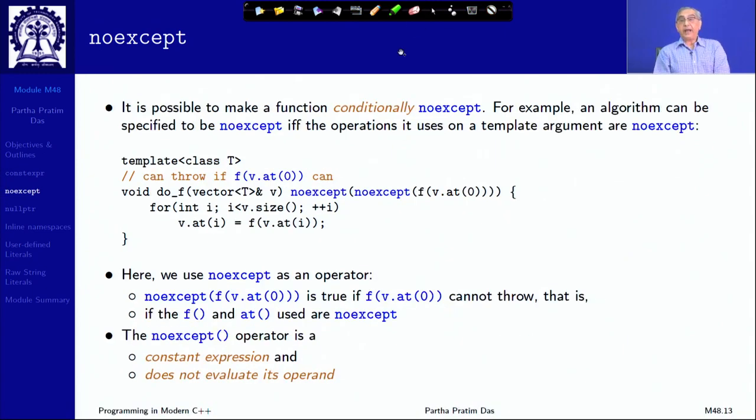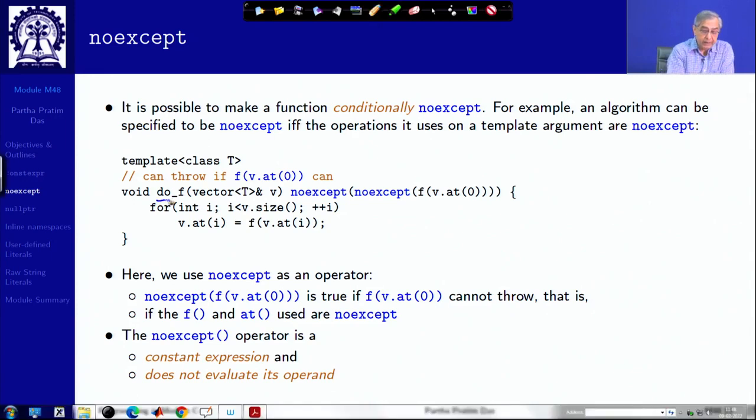Now, the interesting fact is many times noexcept can be used as a conditional, and that becomes particularly useful for templates. Right. So, what we want to say is, suppose I have a function do_f templatized by the type T, and that type could be anything.